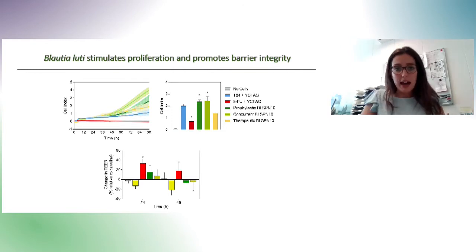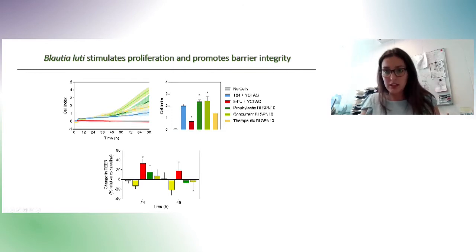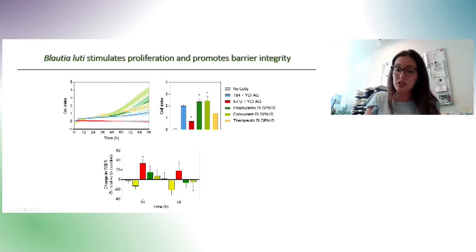So we started by assessing the cell proliferation and barrier integrity. For that, we use TAD4 cells. TAD4 cells are intestinal epithelial cells. We use them as our cell model, and we performed two types of assays. So we checked for the proliferation of the cells, as you can see here in these two first graphs, and we also assessed the barrier integrity, so the changes in TER.